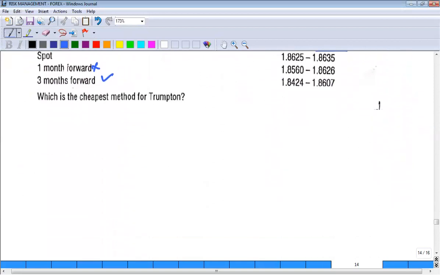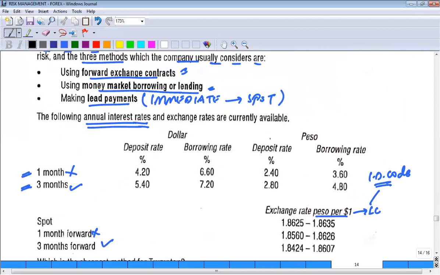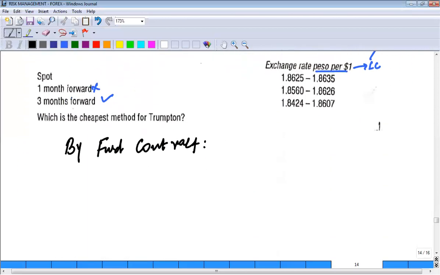Payment by forward contract. It's very simple. 4 million pesos. Indirect quote, divide definitely. We have to buy it. The bank will sell. Indirect quote, the lower one is selling.